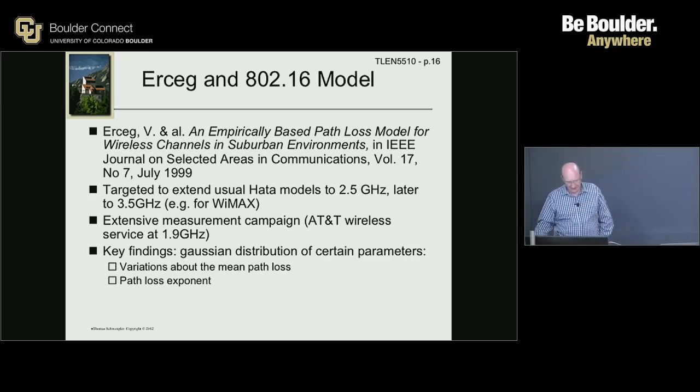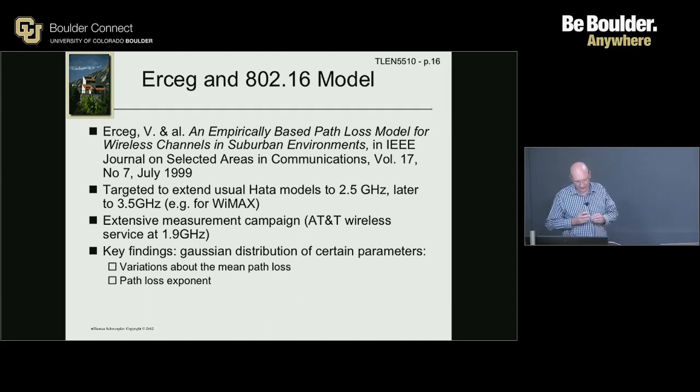But still, they took a lot of data, extensive measurement, and if you read the paper that describes it, a lot of data thanks to the wireless PCS carrier that had lots and lots of cell sites transmitting at 1.9 gigahertz, and so they drove up and down the road and measured a lot of things.